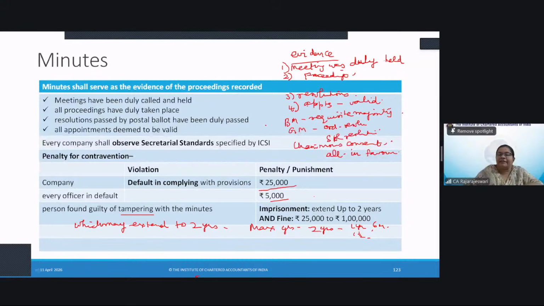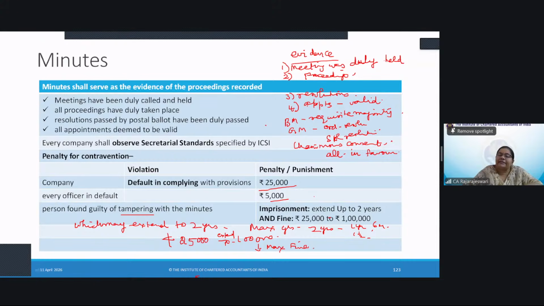And for fine, which will not be less than 25,000 rupees and which may extend to 1 lakh. So a person might be asked to pay a fine of 30,000 or 50,000. It could be any amount between 25,000 and 1 lakh. So not less than 25,000 and which may extend to 1 lakh means this is your maximum fine.